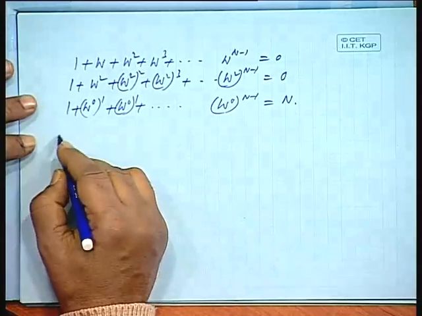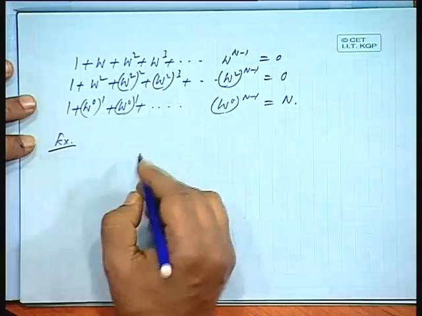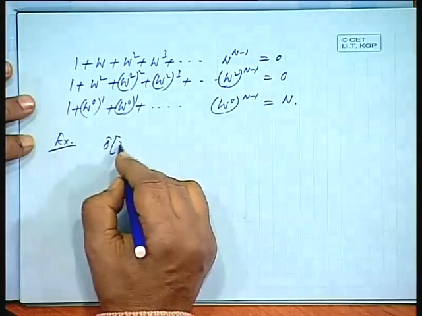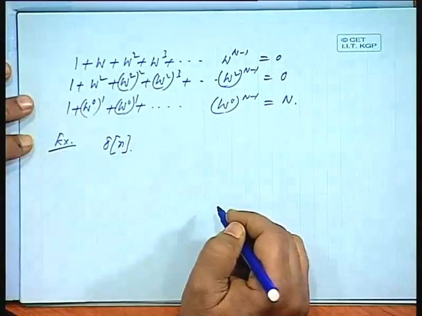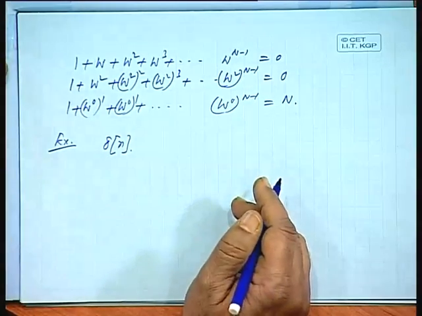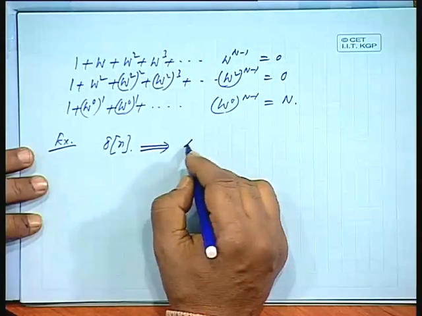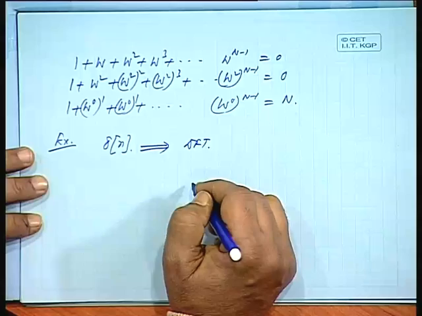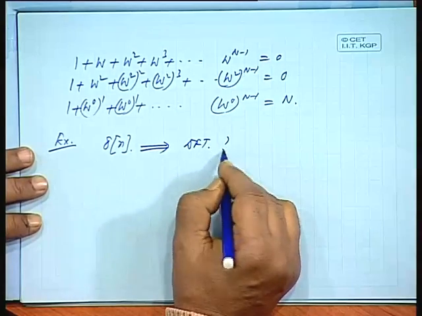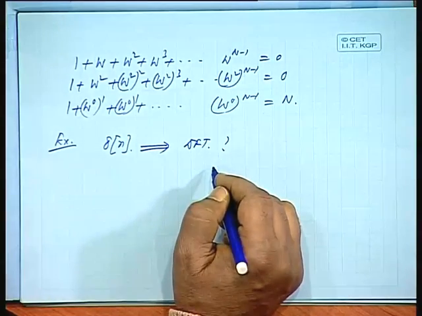Now, there are certain interesting functions that we shall discuss. Delta n, all right. What will be its DFT? Could someone suggest what will be the DFT of delta n?